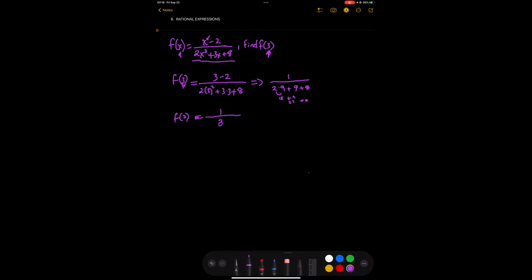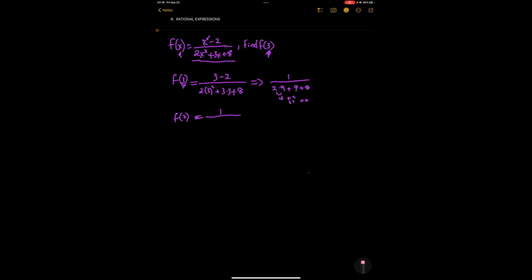So at the end of the day, the f of 3 for this rational function is equal to 1 over 35. And that is your answer for this one. As you can see, pretty straightforward and very simple.